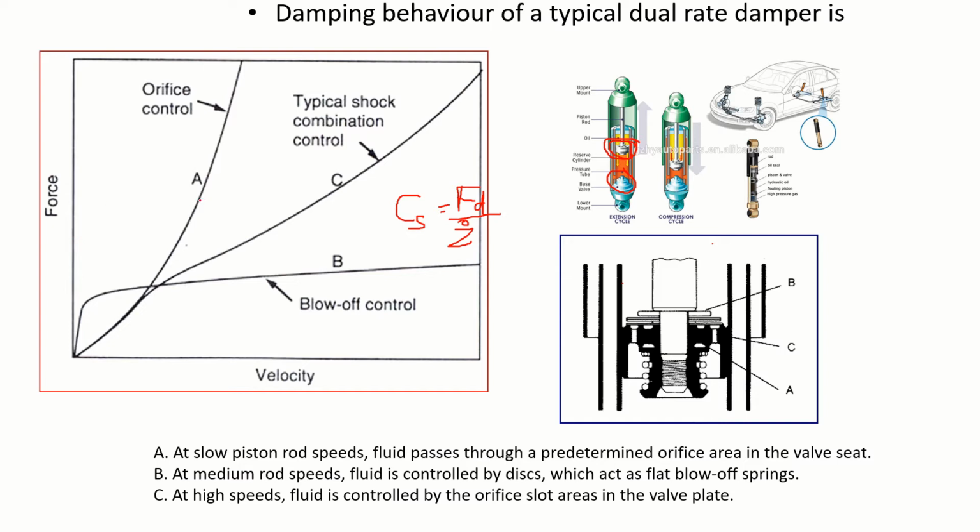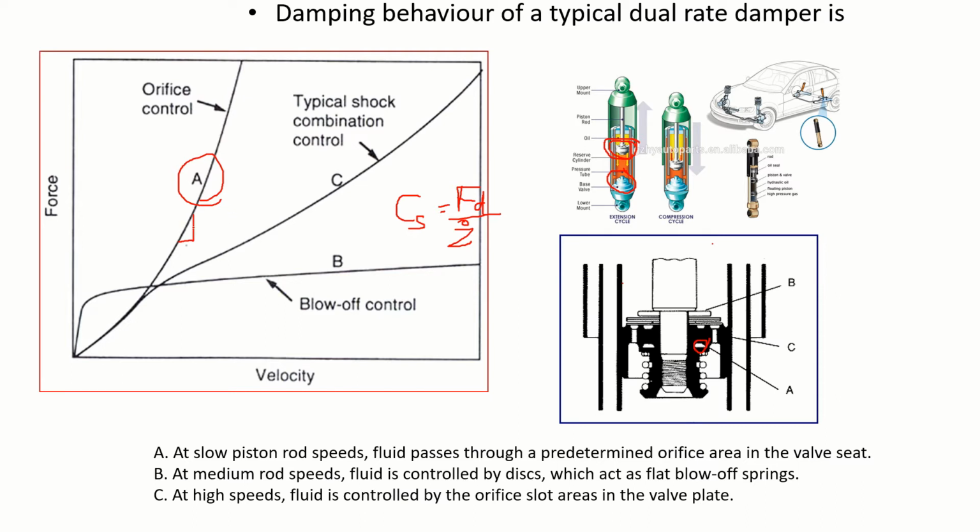Here, characteristic A, if you see, at slow piston rod speed, fluid passes through a predetermined orifice area in the valve seat. Valve seat is the predetermined area. So here, force versus velocity character, you can find this. Low velocity, high force, damping is very large here at low speeds.